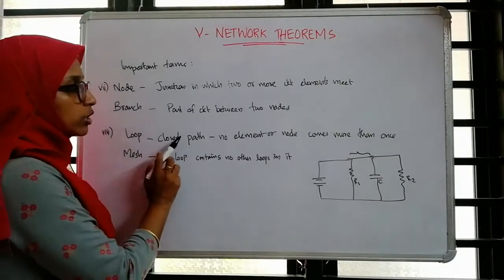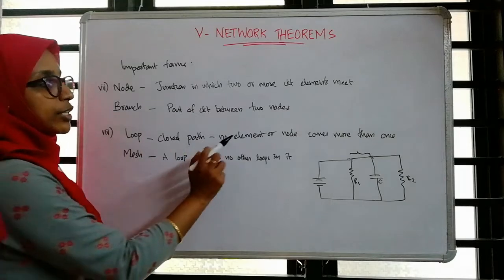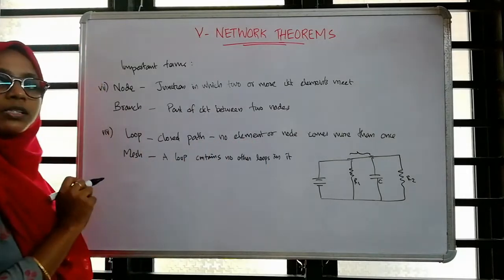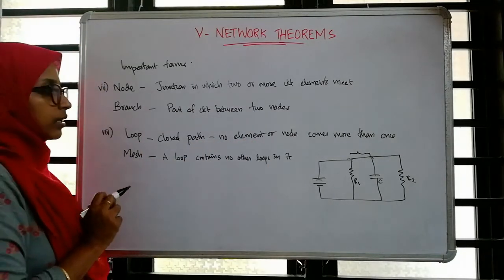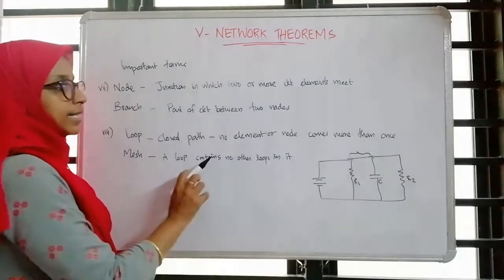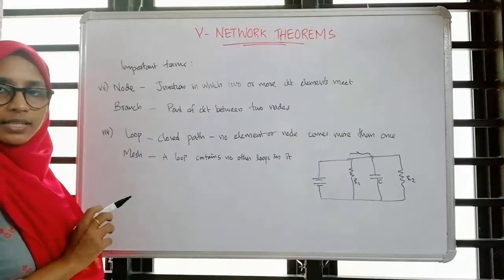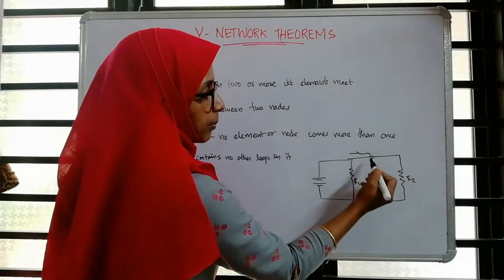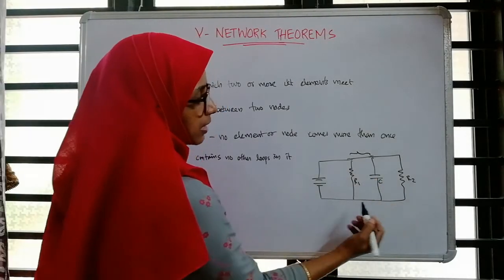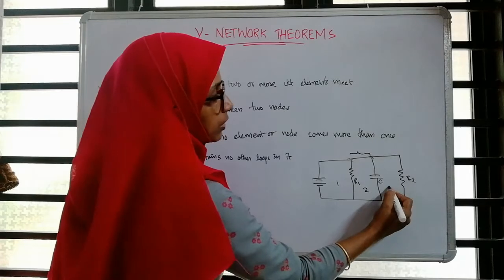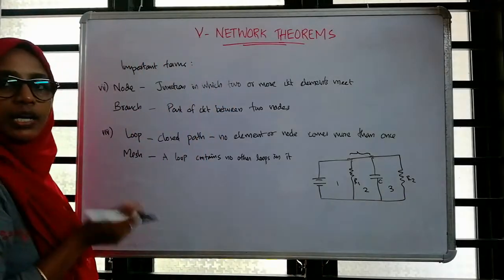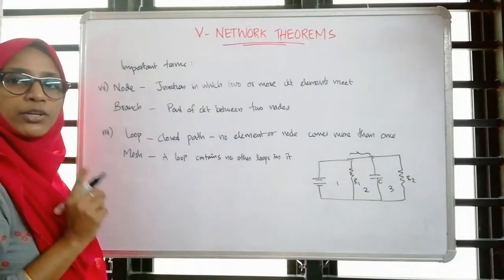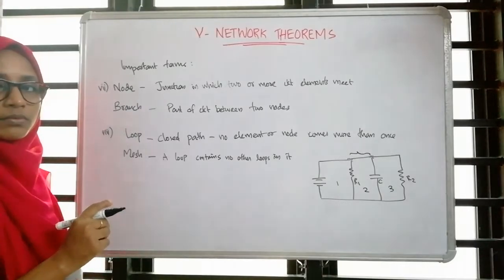Now loop and mesh. A loop is a closed path in a network in which no element or node is encountered more than once. And a mesh is a loop that contains no other loops in it. So this is a mesh and this is a mesh and this is a mesh. In such a way there are 1, 2, 3 meshes separately. In a mesh there will be no other loops.